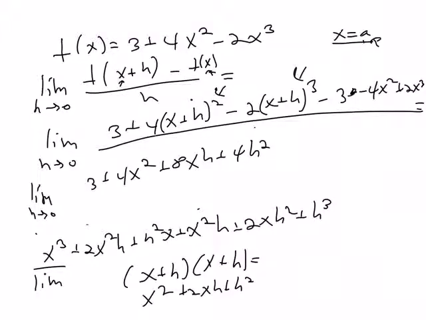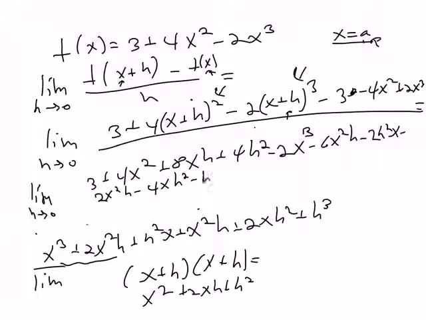Okay, and then this is going to be minus, and then we're going to deal with here, so 2, and I'm going to write this out, 2x to the third minus 6x squared h minus 2h squared x minus 2x squared h minus 4xh squared minus h to the third.